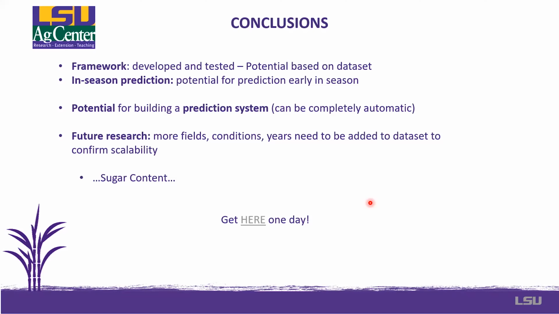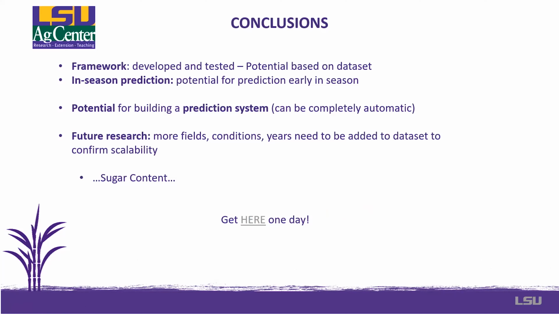And obviously, here we are talking just about tonnage. We're not talking about sugar content, which is something that might be possible too. Just briefly, let's see if I can show it.